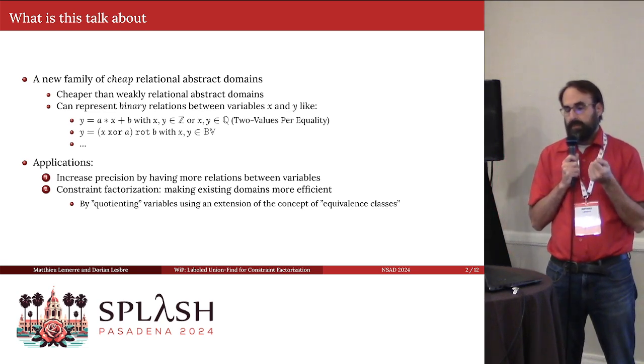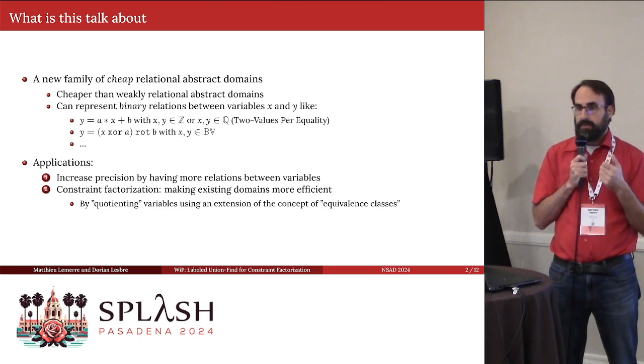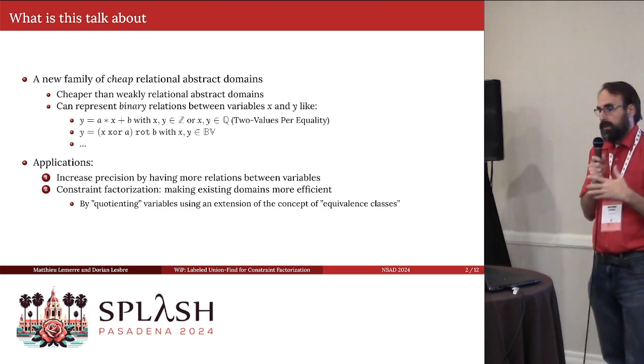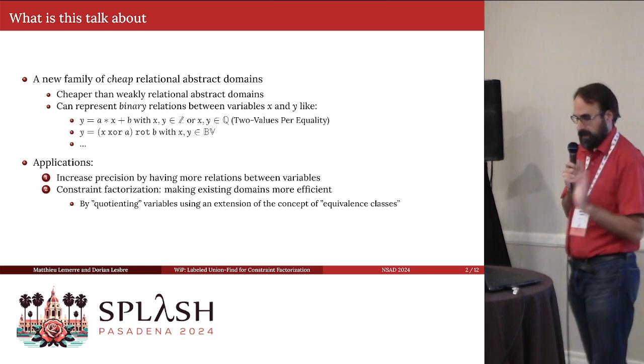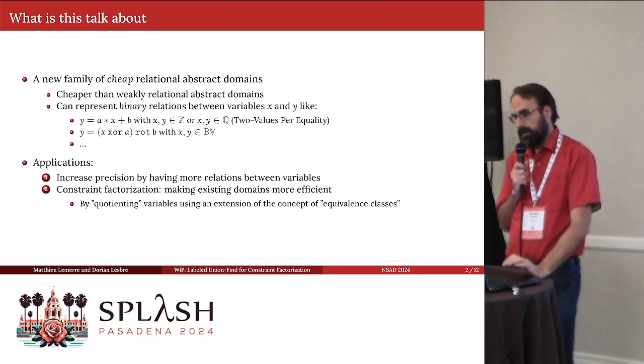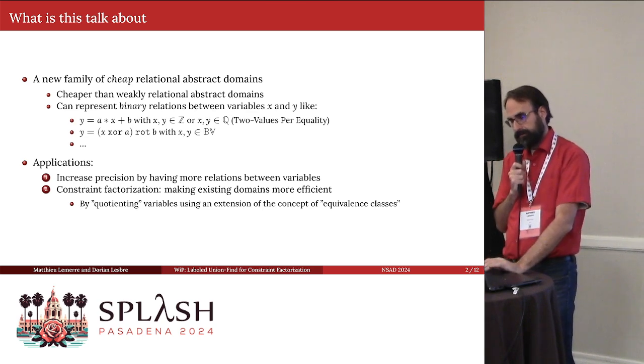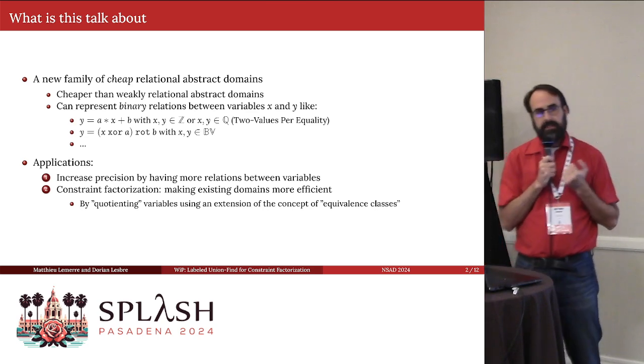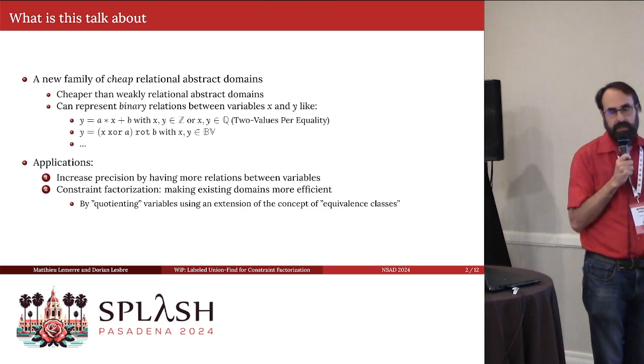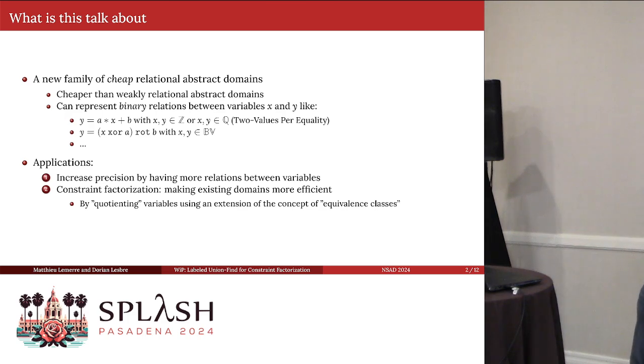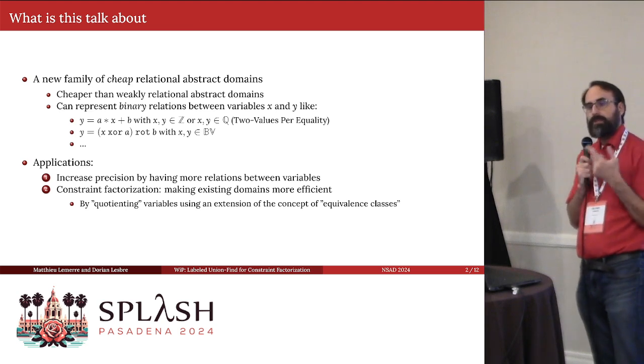So the idea is to have a very cheap domain which is still relational, so it can be always on, and you don't need to worry about having it in your base abstraction. And so what this relational domain can do is to compute binary relations between variables.